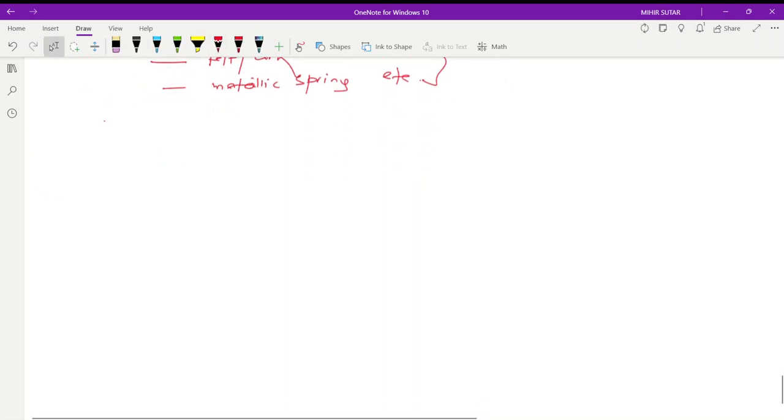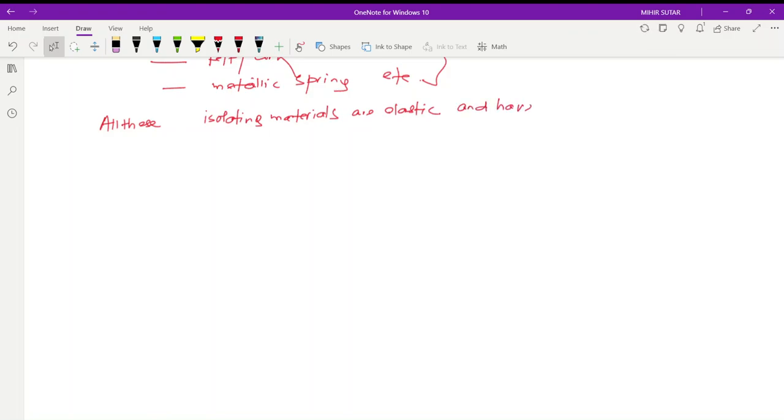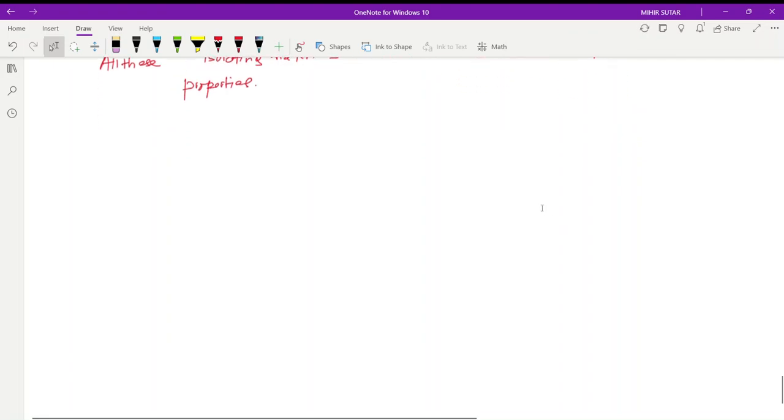So first we'll consider force transmissibility.